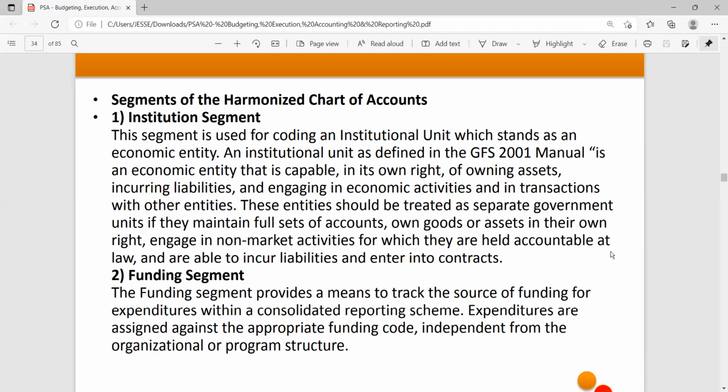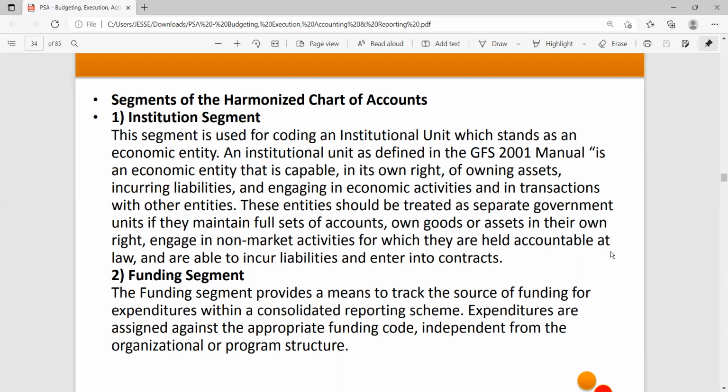Then you have the funding segment. The funding segment provides a means to track the source of funding for expenditures within a consolidated reporting scheme. Right.